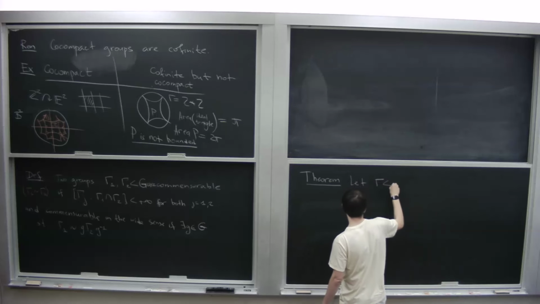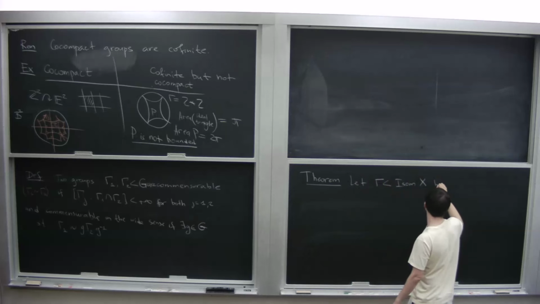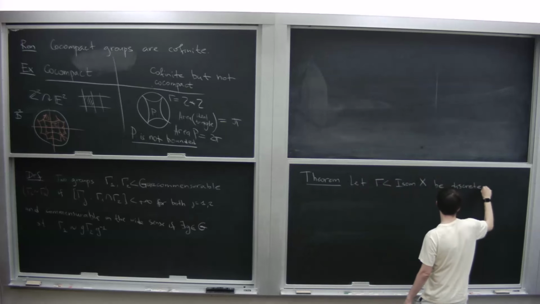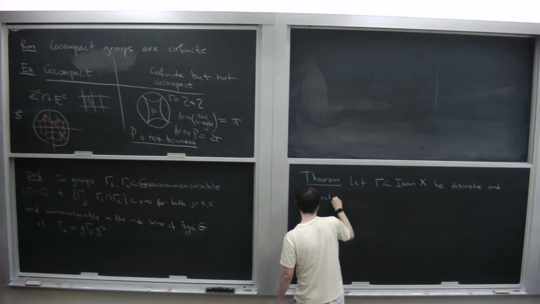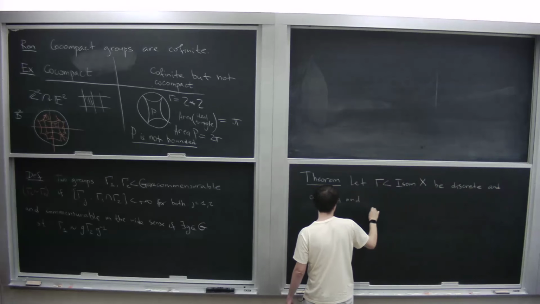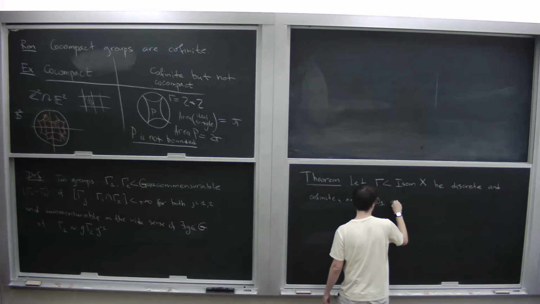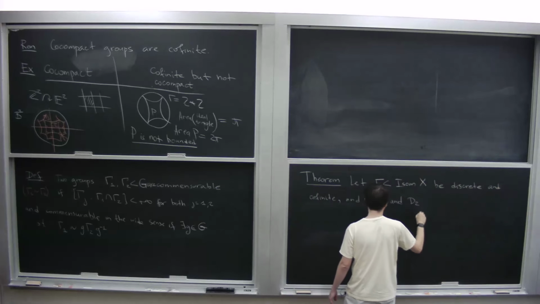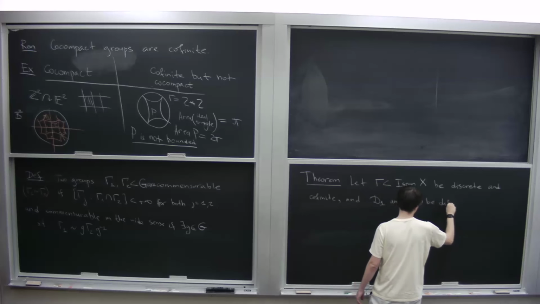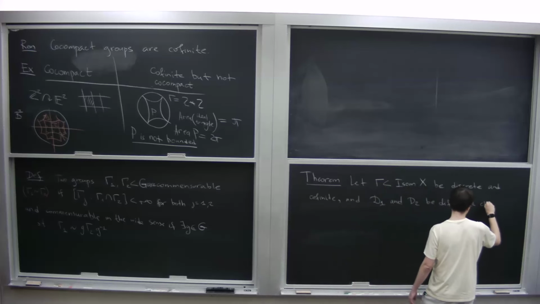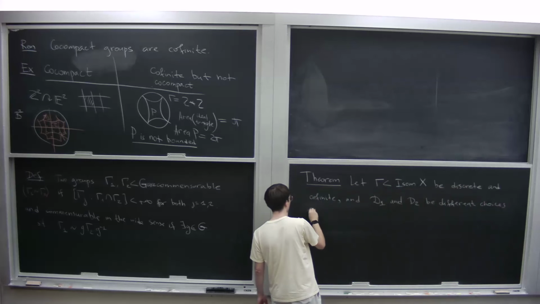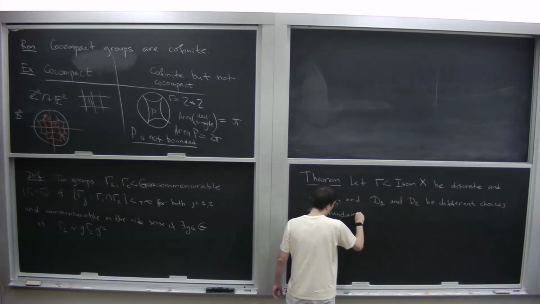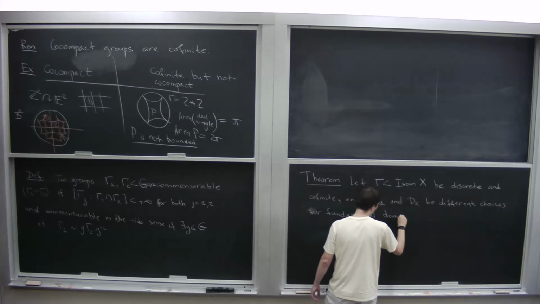So let gamma be a discrete group and cofinite, and D1 and D2 be different choices of fundamental domains.